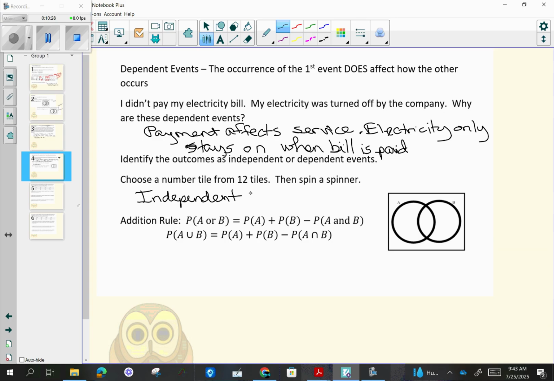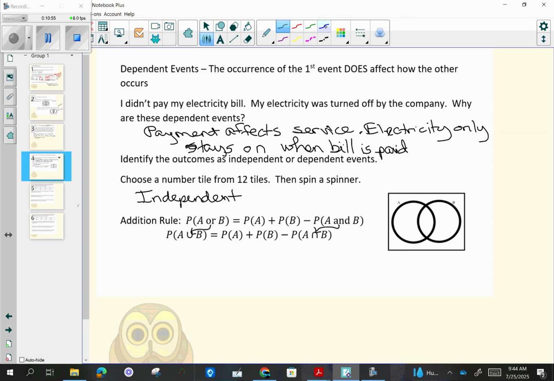When I do that, I would take the probability of all of A. So I've written it out in words and in symbols here. Probability of A or B, that's union. So or goes to union, is the probability of A plus the probability of B minus the probability of their intersection, A intersect B.